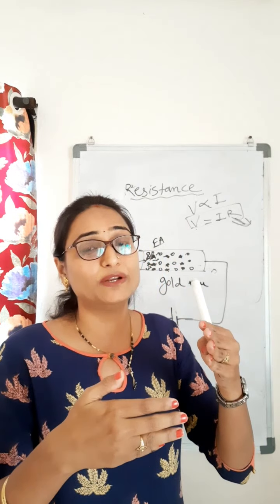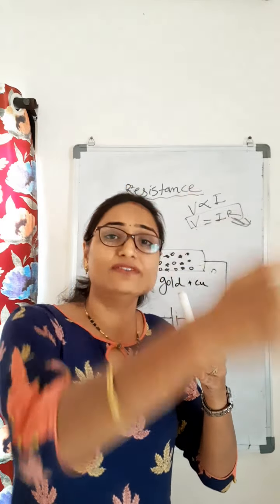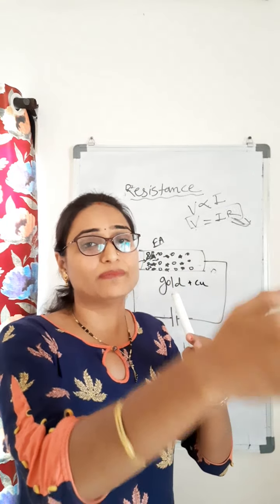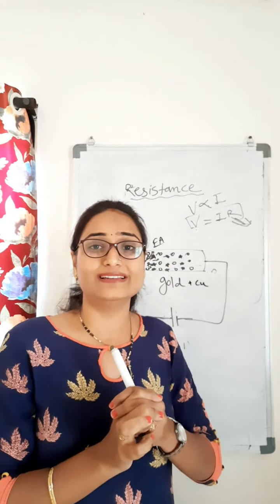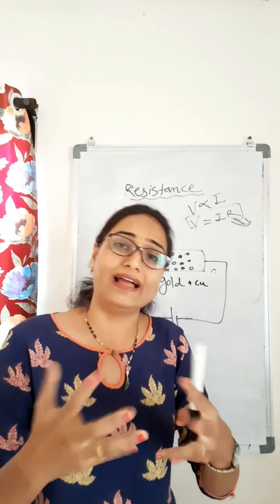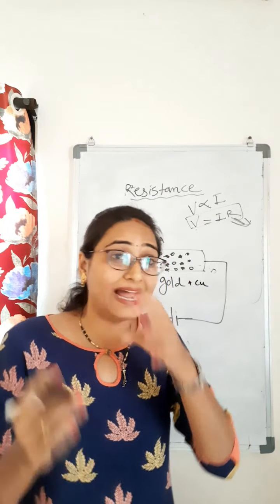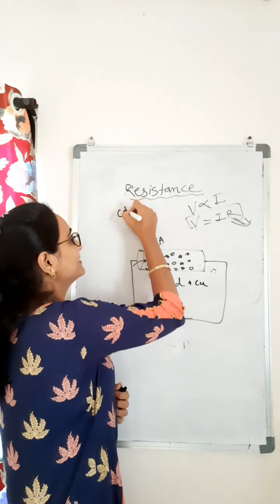What happened? The speed of the electron decreased. Again it starts moving. Again suppose another foreign atom comes, there again it will collide, and again the speed of that electron will decrease. Again another electron will come, it will collide with that electron, and then again the speed will decrease. That means what? These collisions are nothing but the resistance.